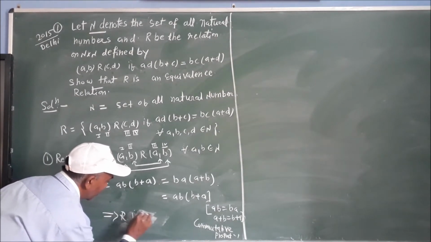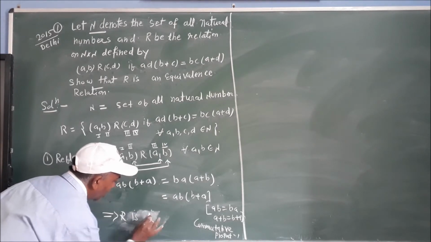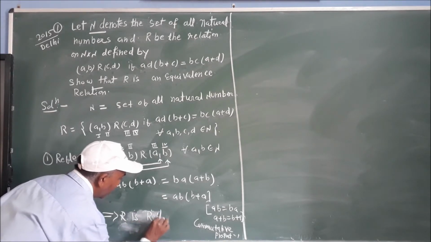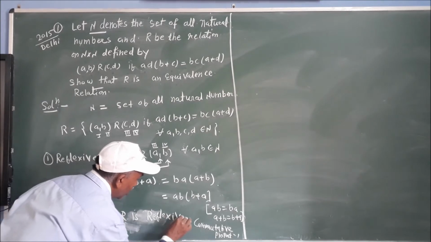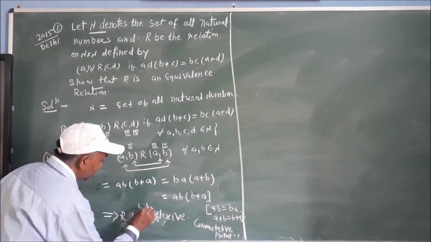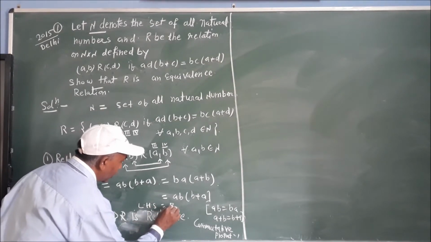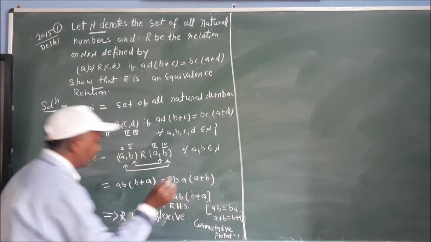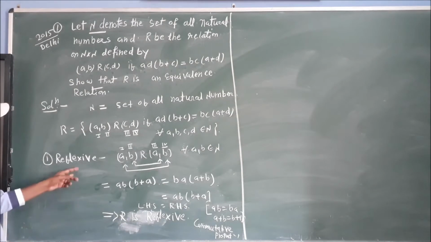R follows the reflexive property, because this LHS is equal to RHS. LHS and RHS both are equal. So we can say that here this R is reflexive.